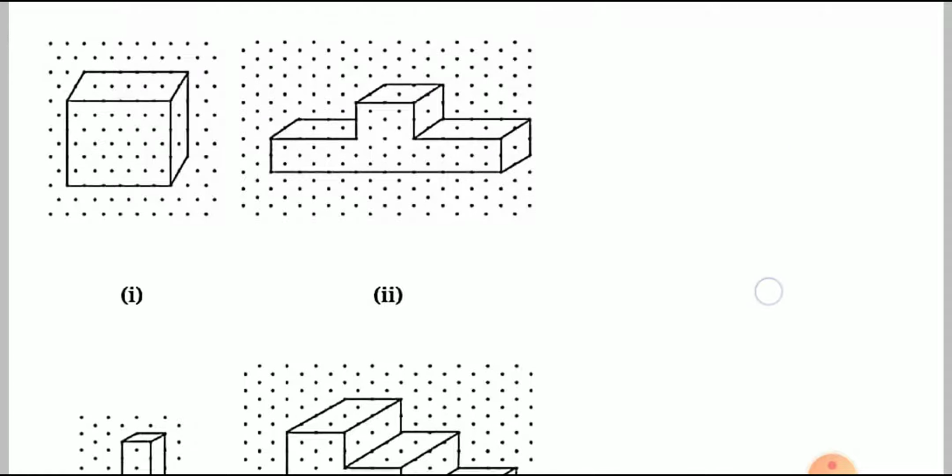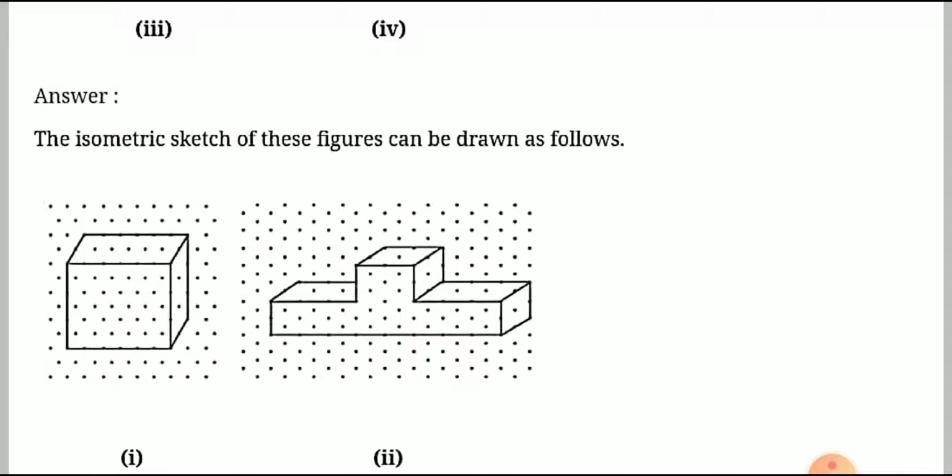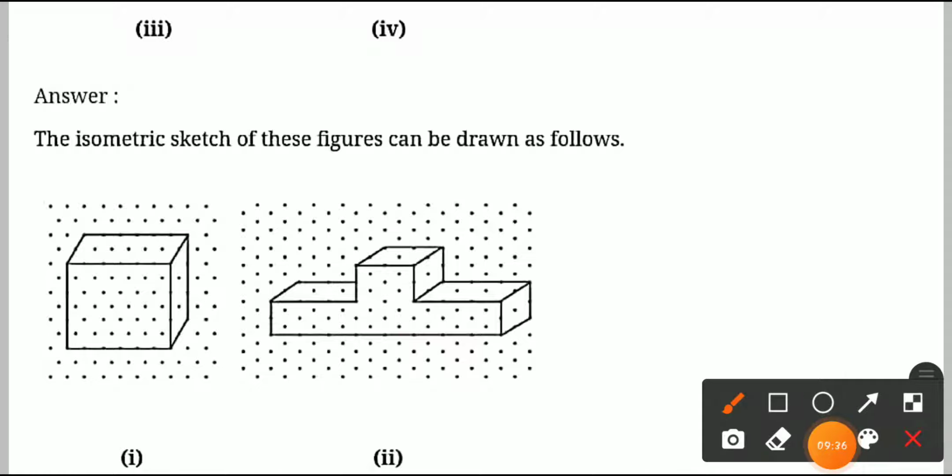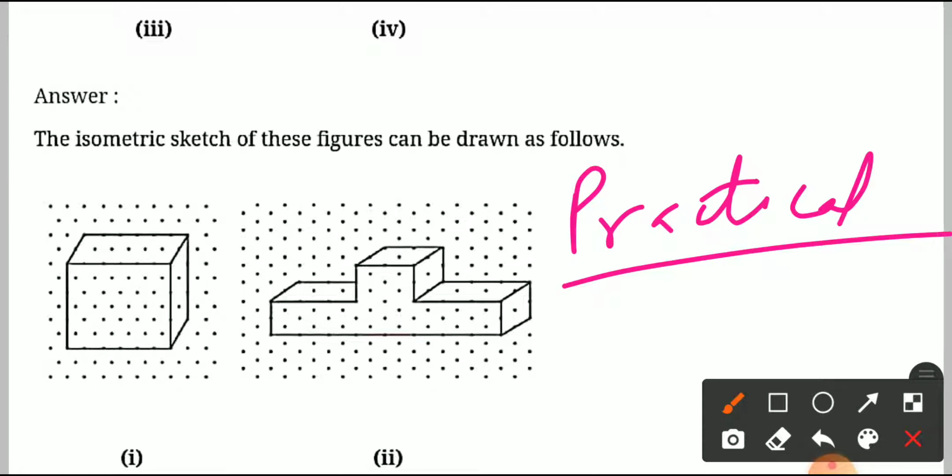Now one more thing I want to tell you, where you will get isometric paper. If you have a brother or sister, or if you have any practical copy, okay, at the last you will see pages like this. So from there you can cut and draw.